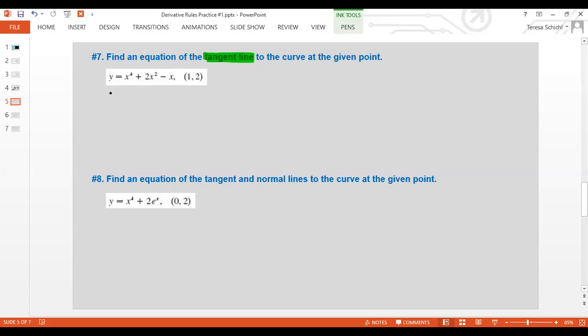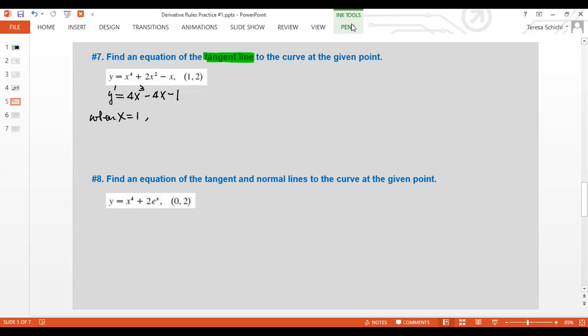So I need to first find the y prime here. So this is x to the 4th, so it's 4x cubed minus 2 times 2, which is 4x, minus 1, right? So then when x equals 1, right?